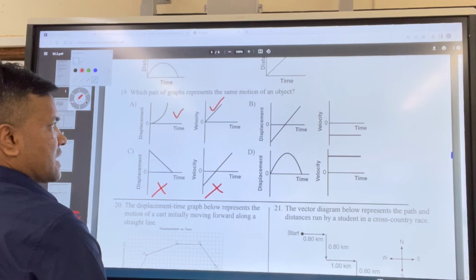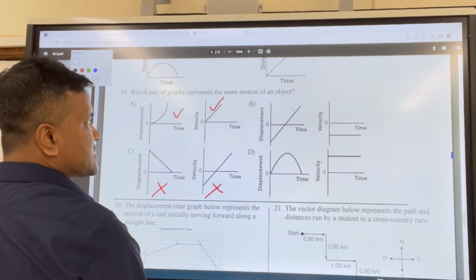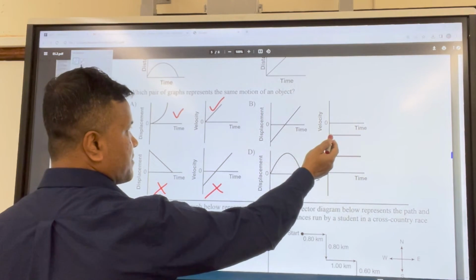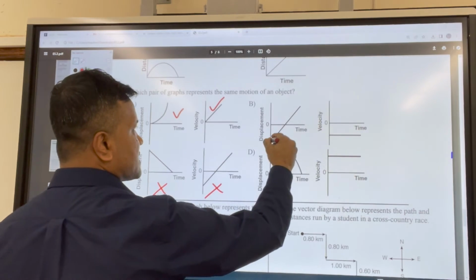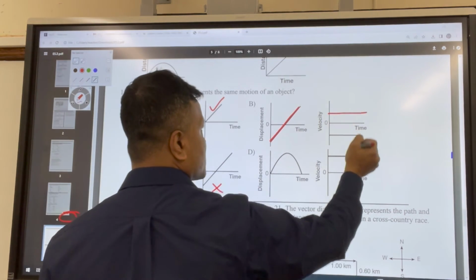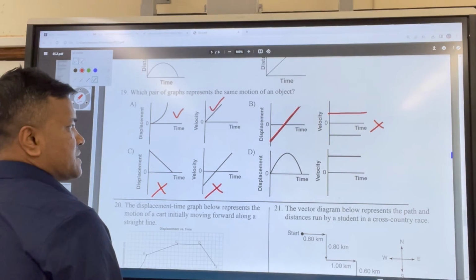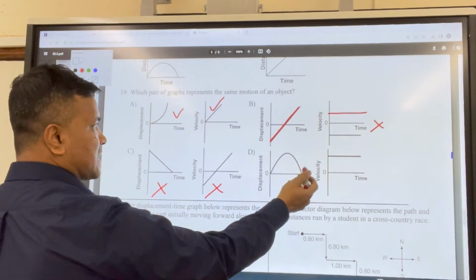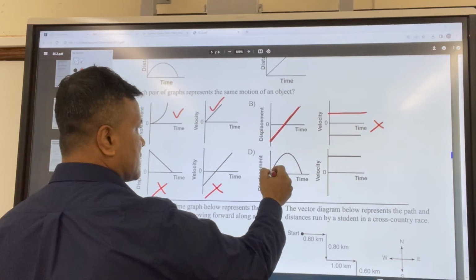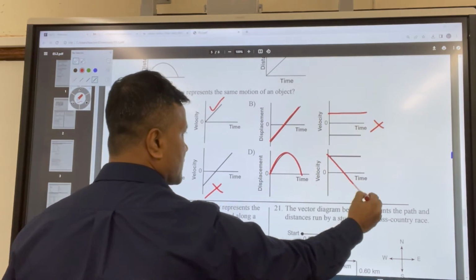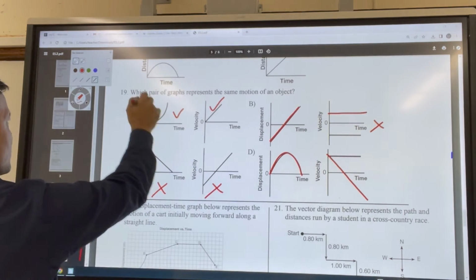If the displacement is diagonal, velocity can be horizontal, but this is positive slope, so no, this is not good. If the displacement is quadratic, velocity cannot be horizontal. This one should look like this. So that's not good. Therefore it is A.